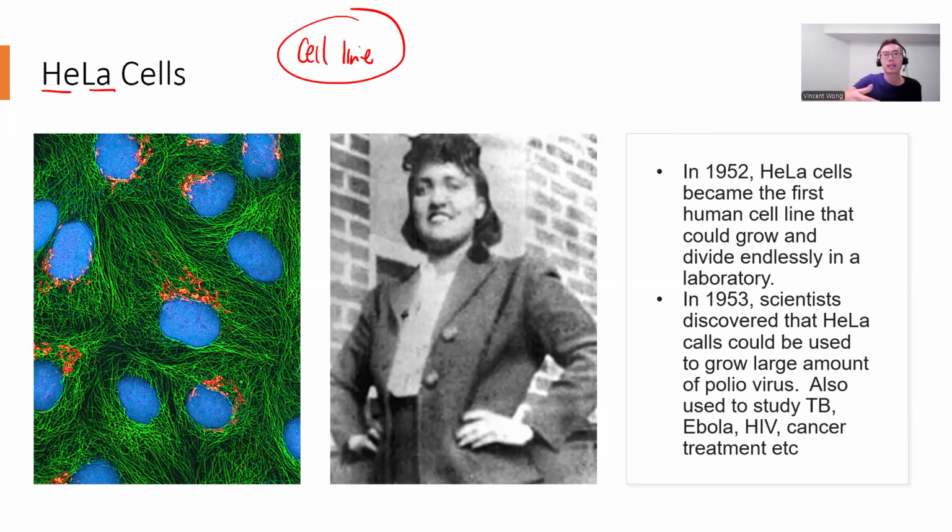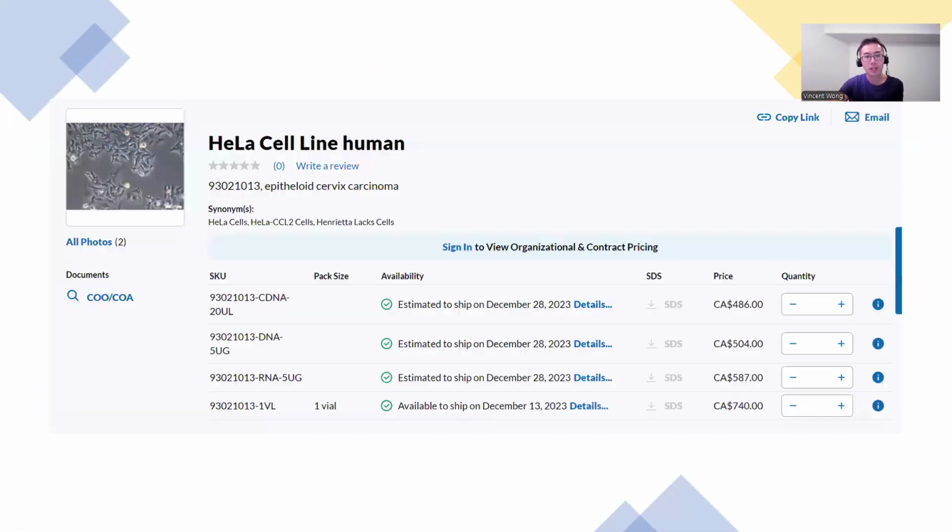We call it the proof of principle. You have to show that it actually works in a dish first before you can move up to animals like mice, and then maybe move up to humans if all the safety checks are in place. So a cell in a dish is usually where it all gets started. You can buy it online.